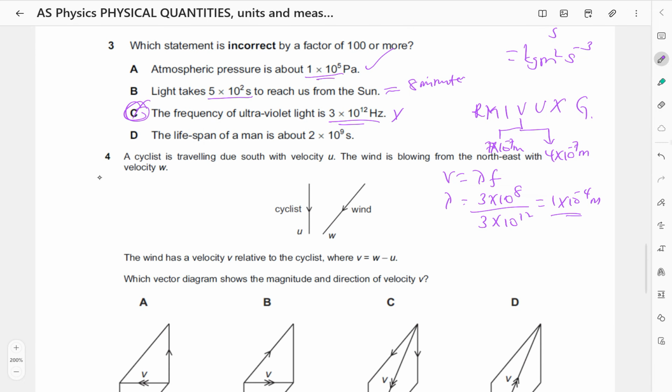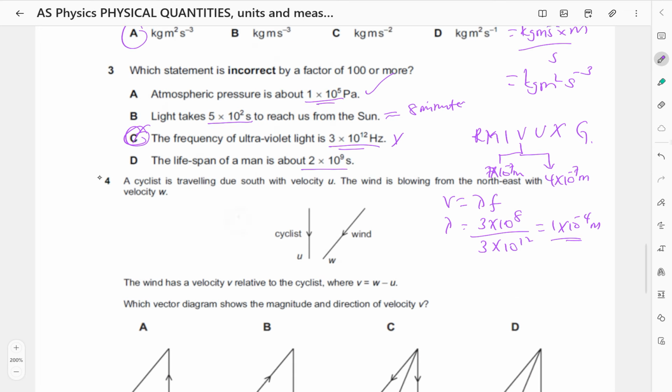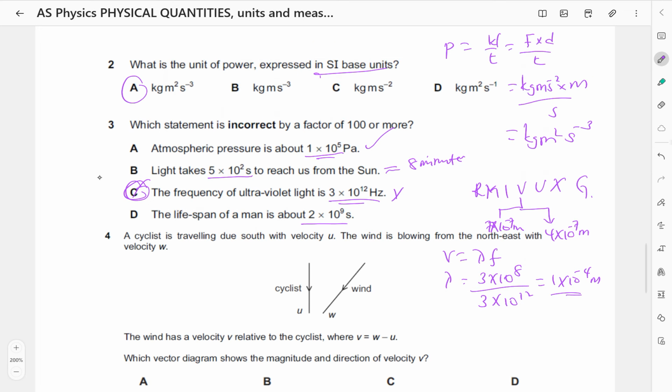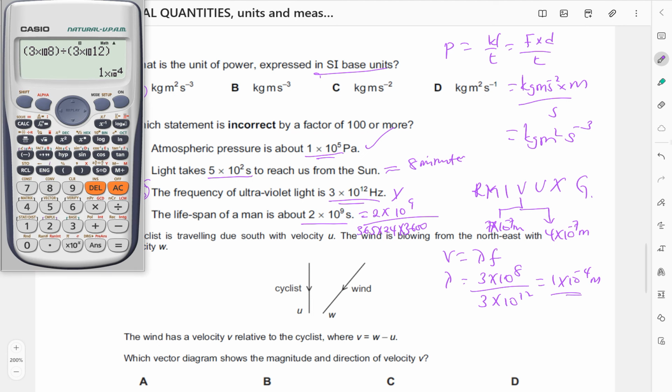By the way, the lifespan of a man is about 2 times 10 power 9 seconds. You can convert it into years and see if it makes sense. Let's convert it into years. So this one is going to be 2 times 10 power 9 seconds into years. I will divide by 1 year, which is 365 days, which is 24 hours, which is 3,600 seconds.